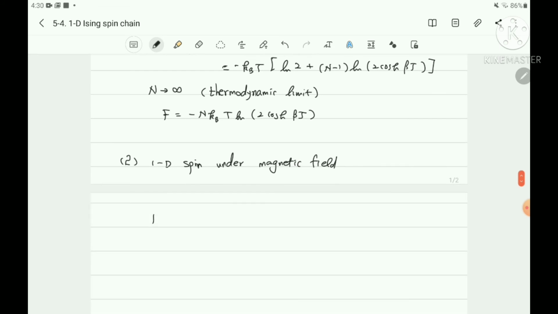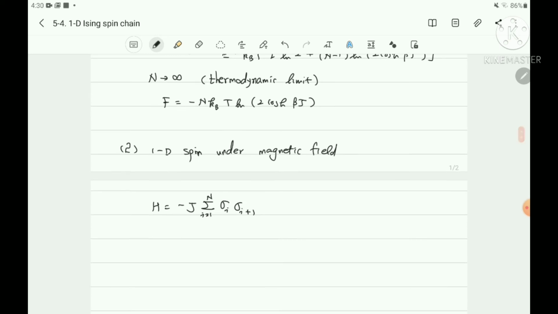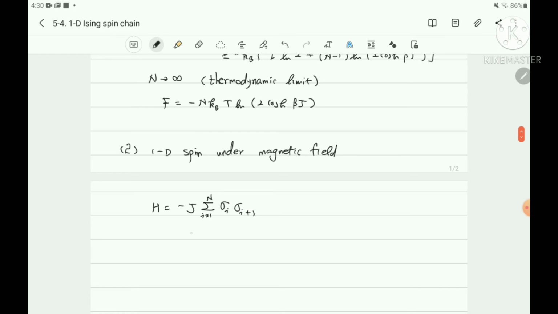In this case, the Hamiltonian is minus J summation i equal 1 to n sigma_i sigma_(i+1). And here we assume the boundary condition that n plus 1 is equal to 1.